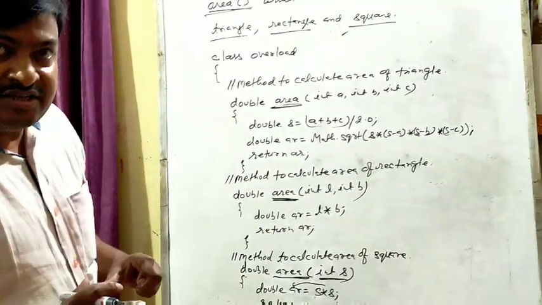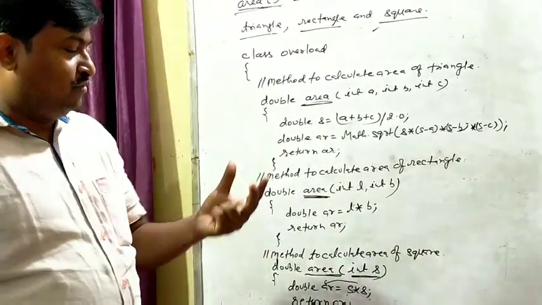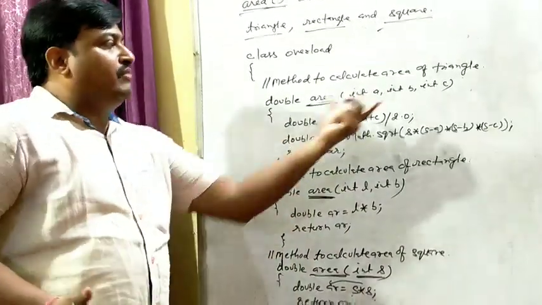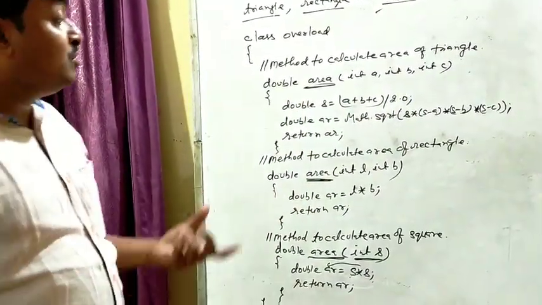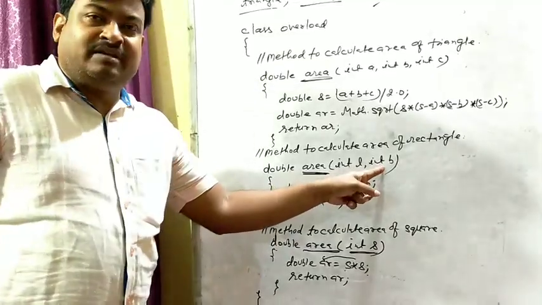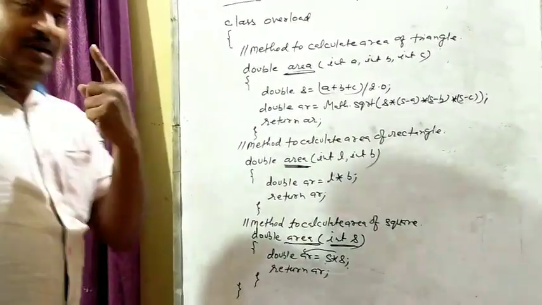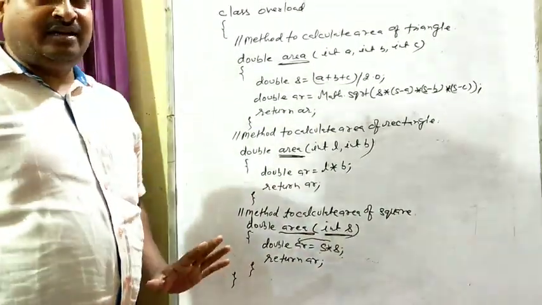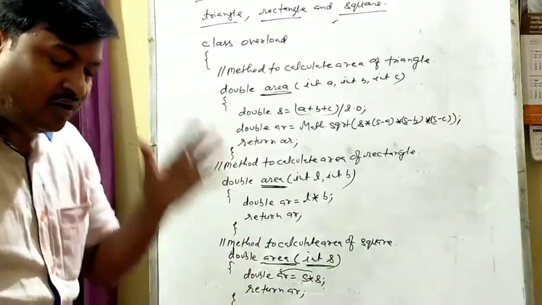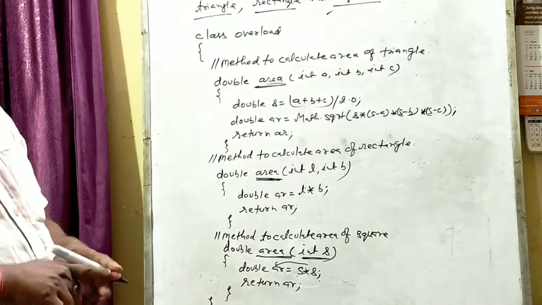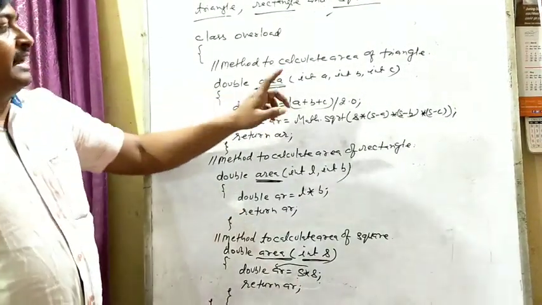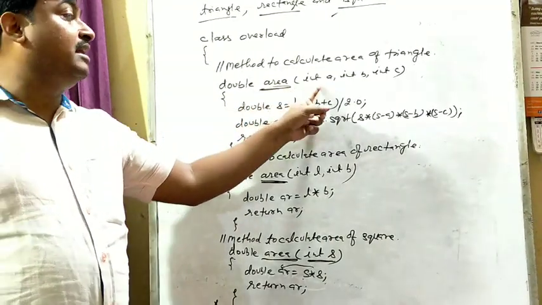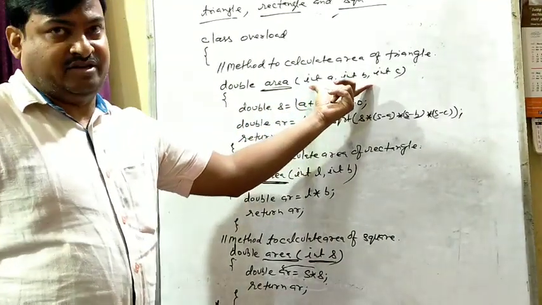So during calling a function, we have to pass a value. If we pass 3 values, this function will be called. If we pass 2 values, this function will be called. If we pass 1 value, this function will be called. Means if during function calling we pass 3 values, this function can accept the 3 values because it has 3 parameters.